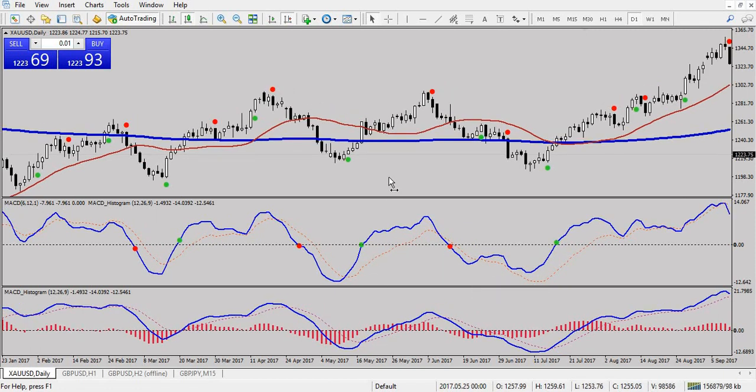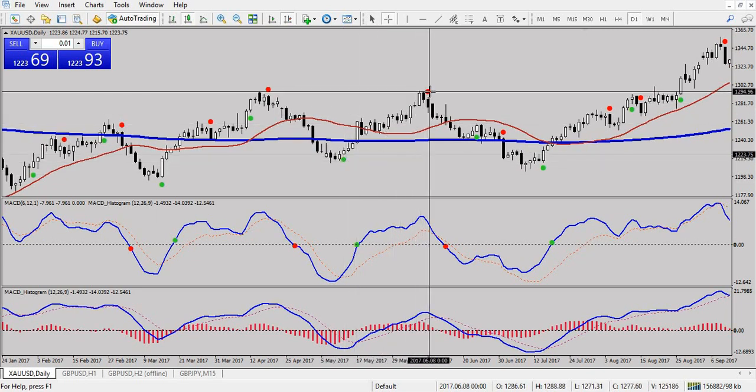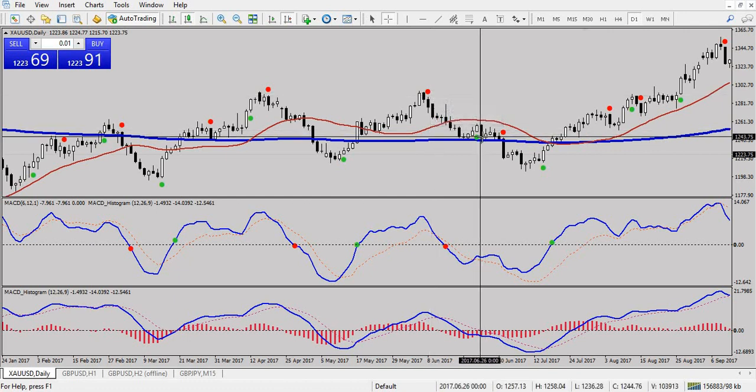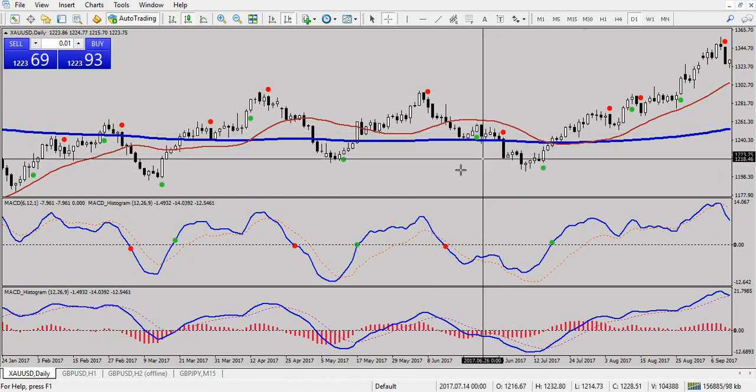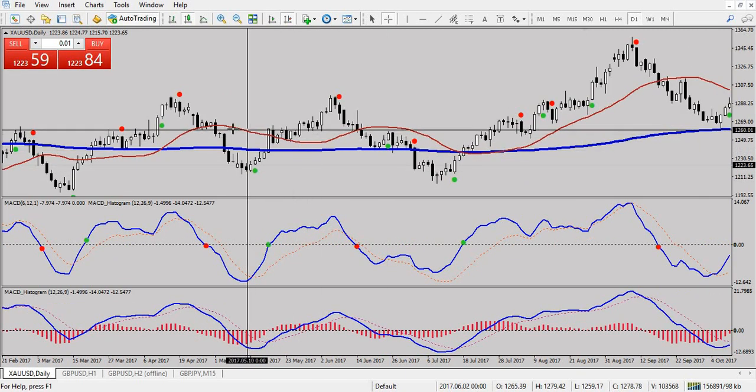Now there's three other indicators. There's the QMP dots, which most of us are familiar with, the red and green dots on the price chart. There's the 25 SMA, and there's the standard MACD.